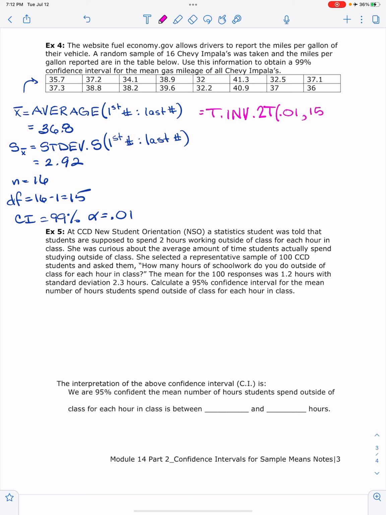Here's my degrees of freedom, 15. Rounded to two places, we get 2.95. You need to understand that the 0.01 is the area in both tails. So it's still going to be 0.005 in each tail, but this just gives you a different way to look at it.